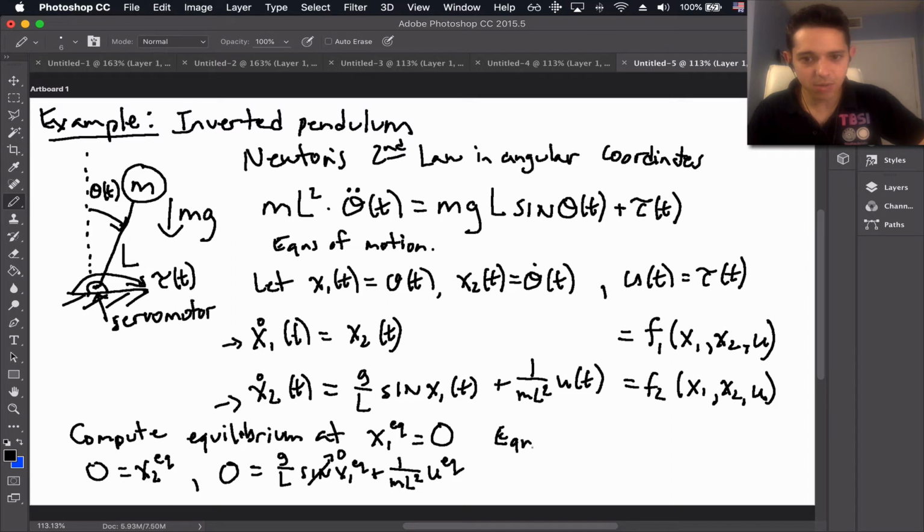So the equilibrium eventually becomes, well, 0 for everything. So all the states are 0, and it turns out that the motor torque should also be 0. All right.